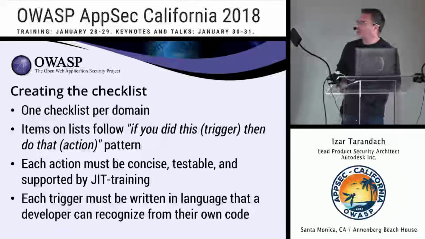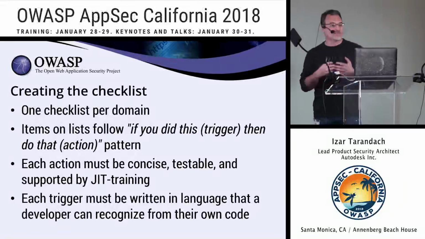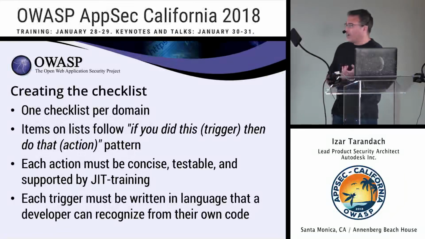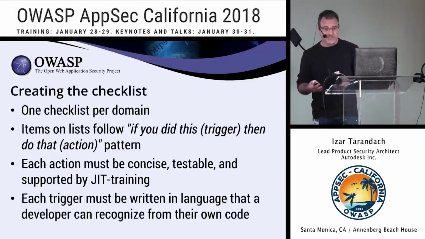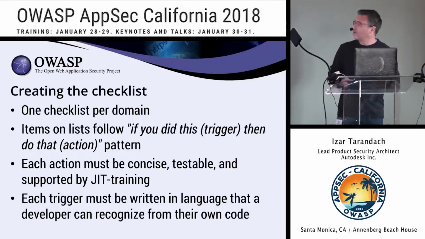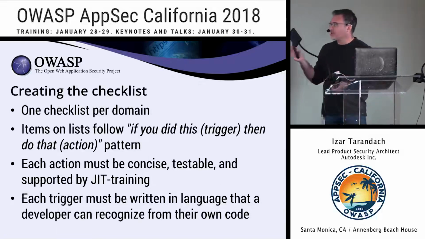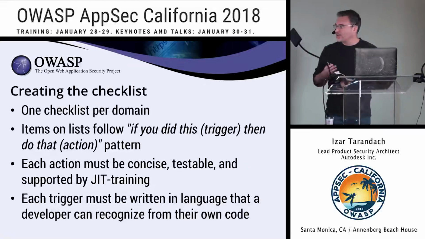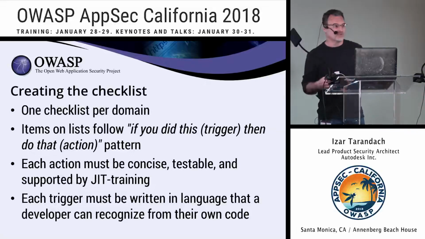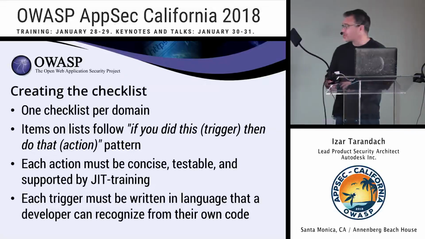So when creating the checklist, these were some of the absolute values that I needed to have in there. I have one checklist per domain. The one I'm using right now is a generic one. It doesn't have any particular domain, but I'm working on a couple of others that are more specific. Each item in the list has to follow the "if you did this trigger, then do that action" format. Each action has to be concise, testable, and supported either by JIT training or by some other form of instruction.